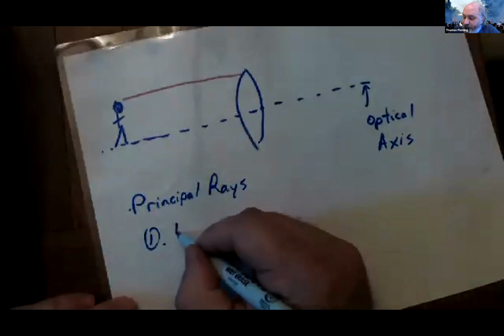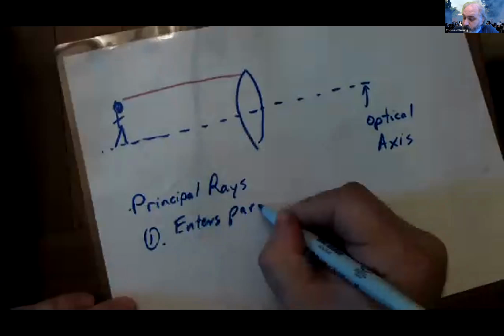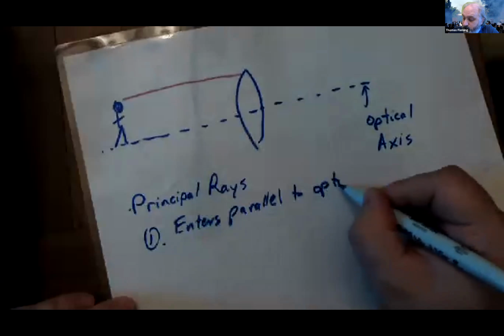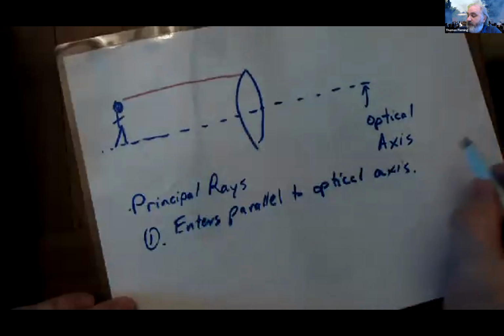So it enters, right? It's going to enter parallel to the optical axis, but it's going to end up passing through the focal point on the other side.